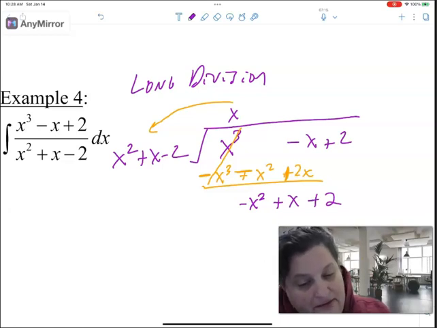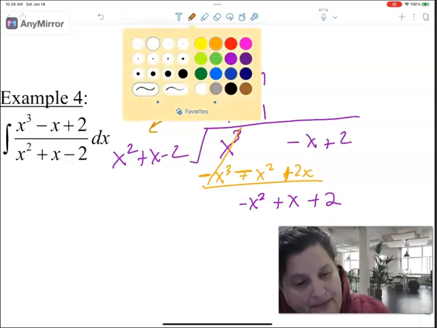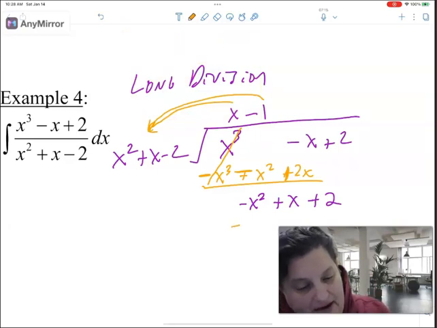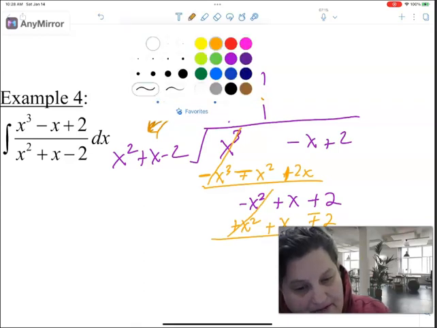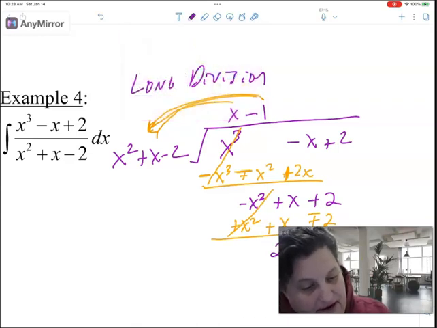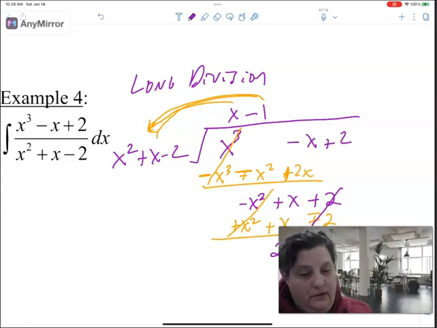Alright, now how many times does x squared go into negative x squared? Negative 1 time. And when I multiply that, I get negative x squared minus x plus 2. Change the signs, and I end up getting 2x right here. Okay?